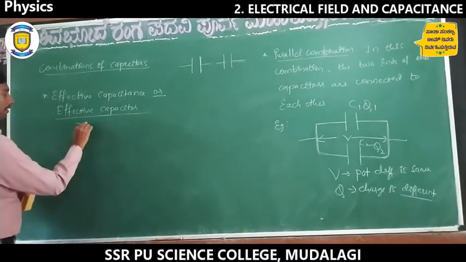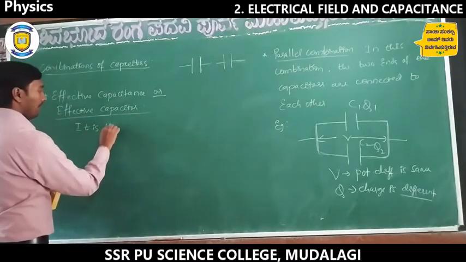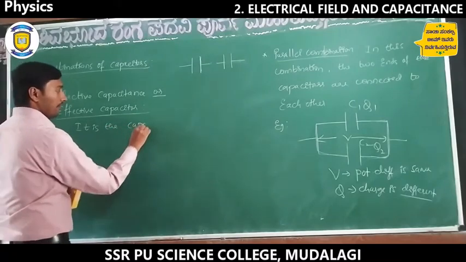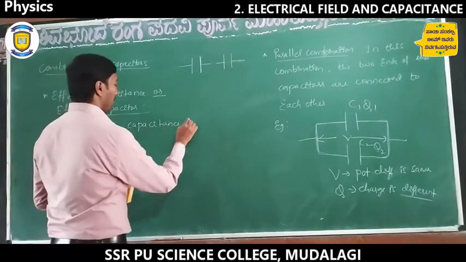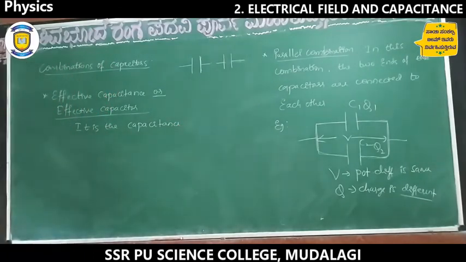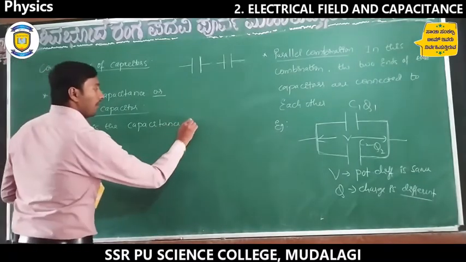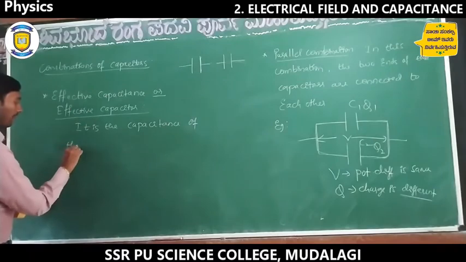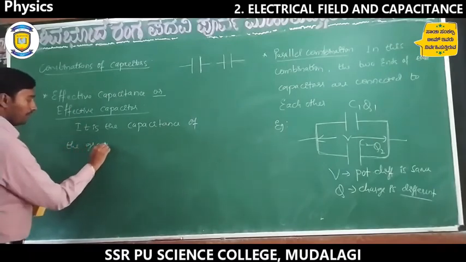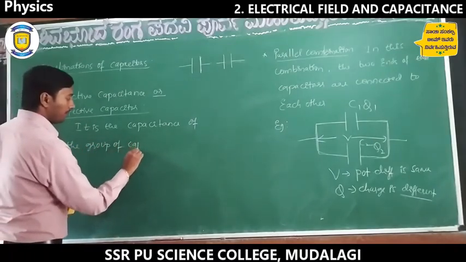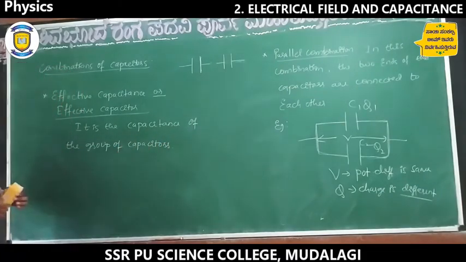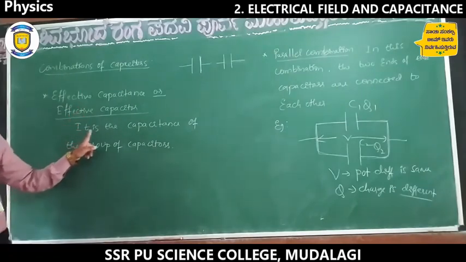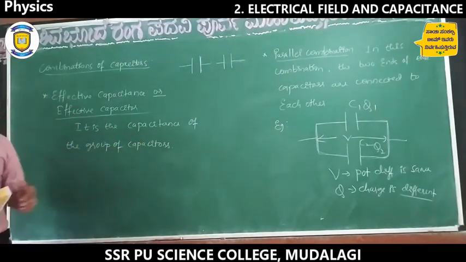Effective capacitance is nothing but the capacitance of the group of capacitors.